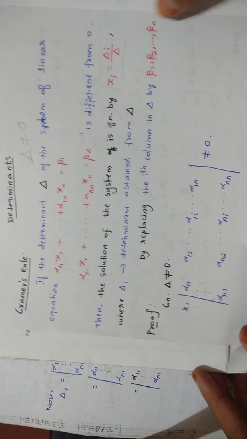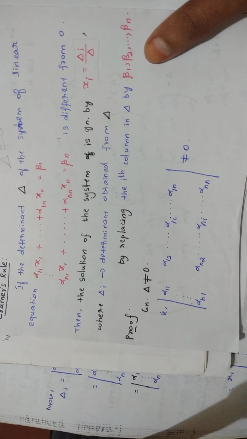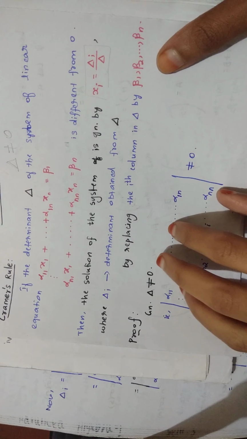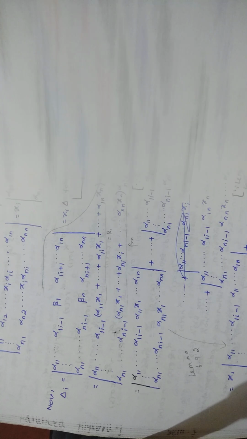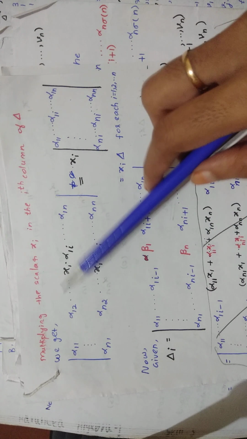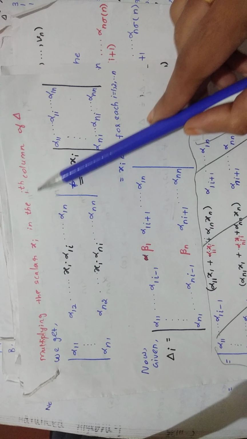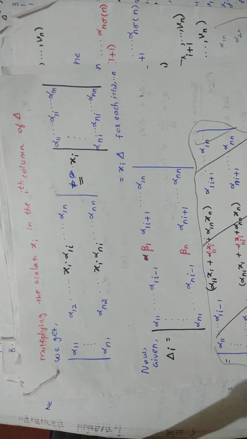Is that clear? After that, you are going to consider this, and by considering it you do something, which I will show you. You multiply the ith column by a scalar.